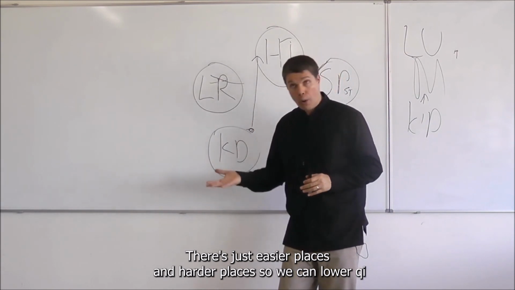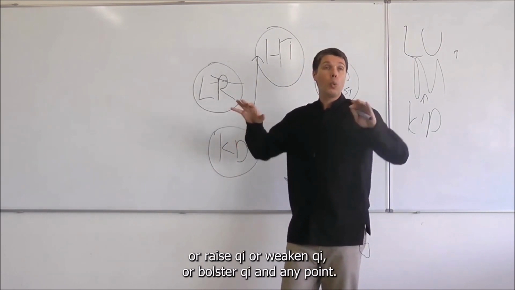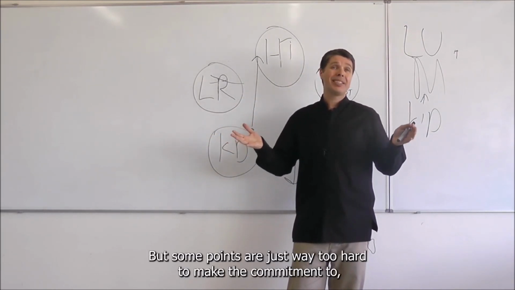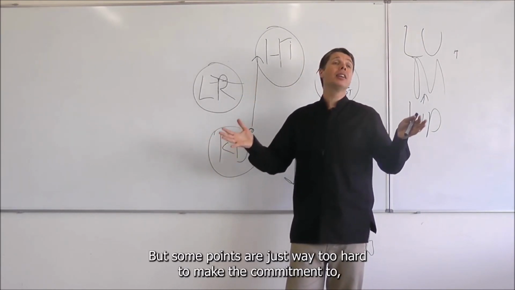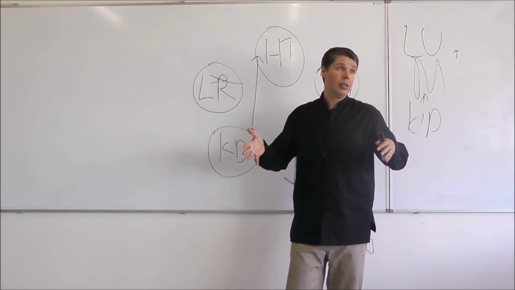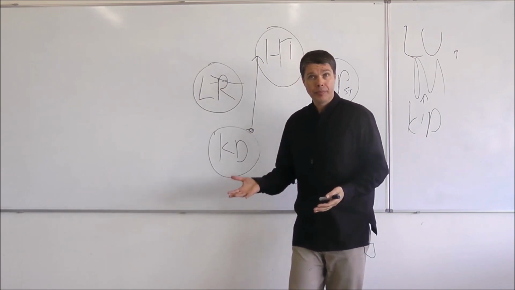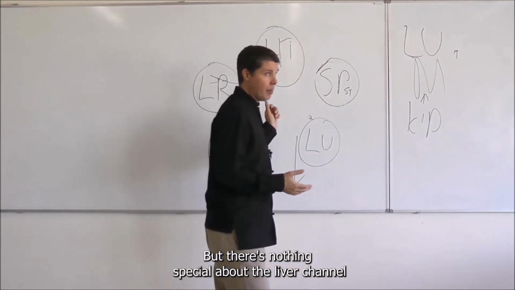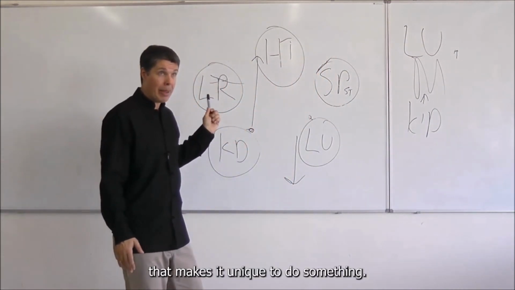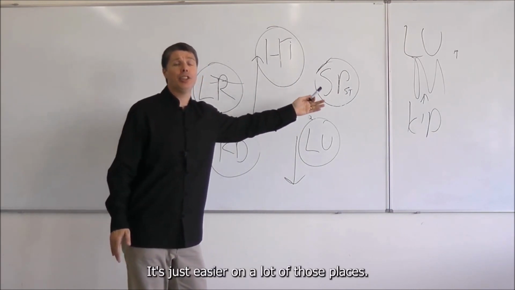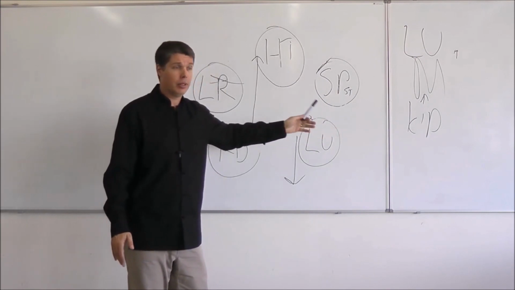So we can lower qi or raise qi or weaken qi or bolster qi at any point. But some points are just way too hard to make the commitment to, and other points are really easy that we default to. But there's nothing special about the liver channel that makes it unique to do something. It's just easier on a lot of those places.